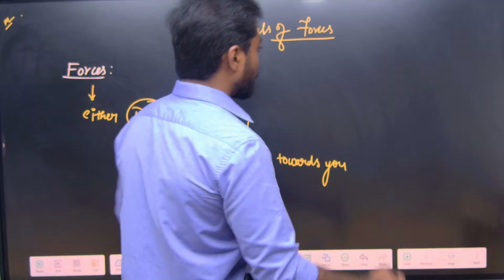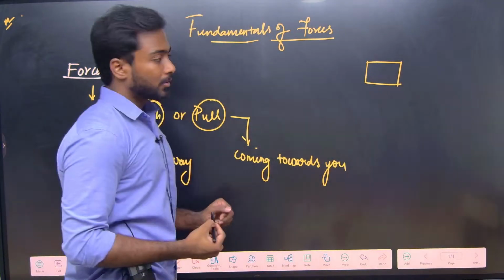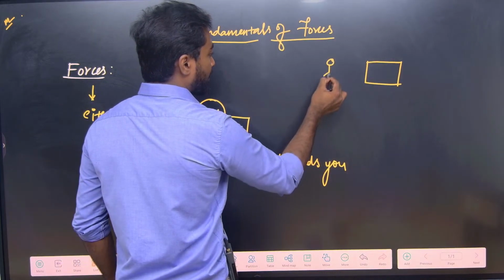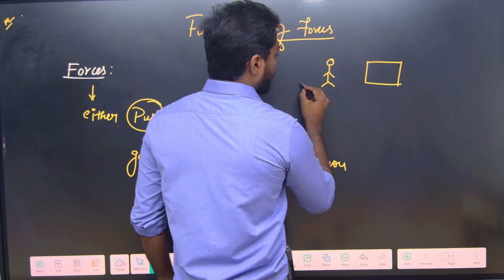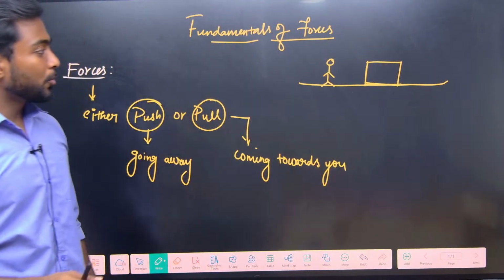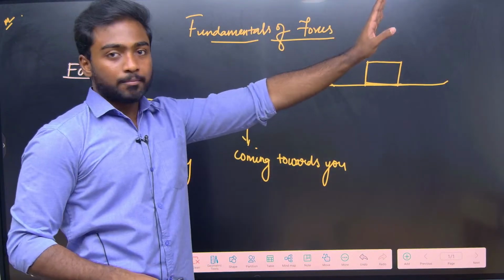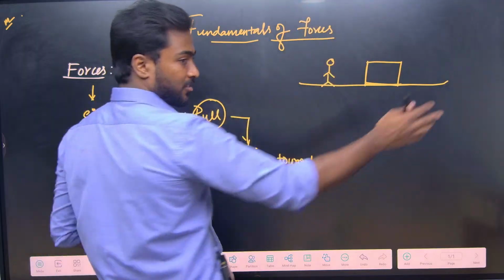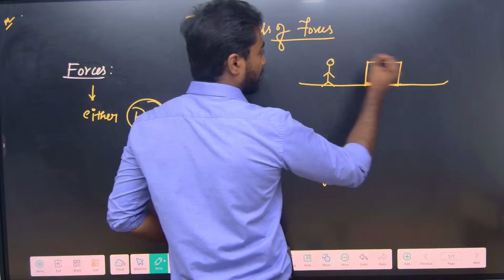So if I talk about this is my object, and I am standing here, and let me take this is the surface. If I want to take the object in the right direction, I am talking about like this. So in the right direction what should I do?